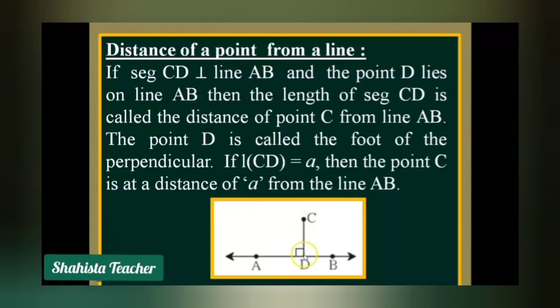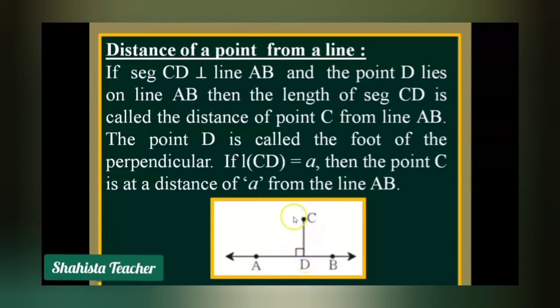Here CD is perpendicular to line AB, or we can say segment AB. So here D is the foot point. Okay, foot of the perpendicular, and this CD is the distance of C from AB. Okay, so here CD is perpendicular to AB.